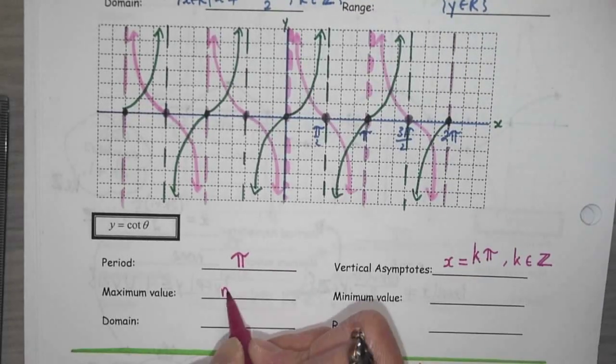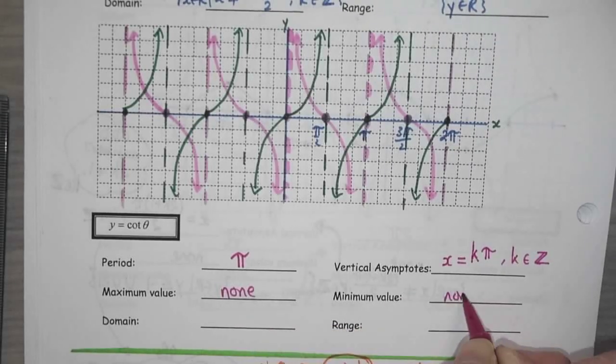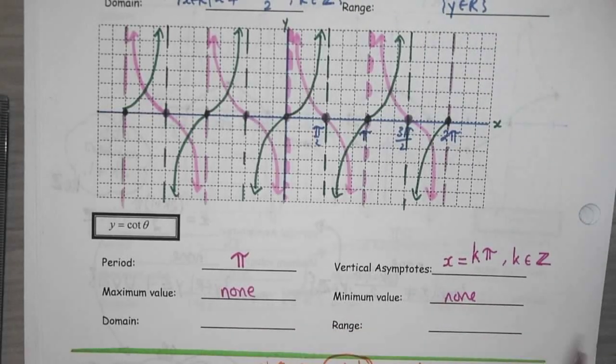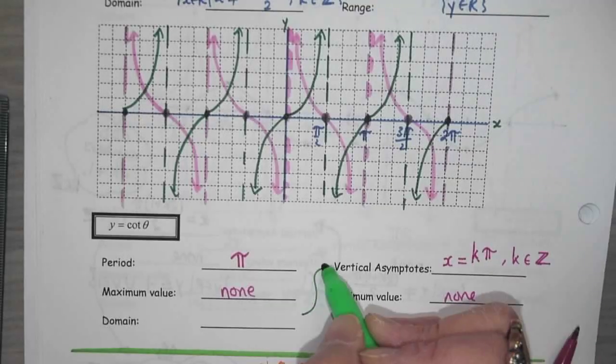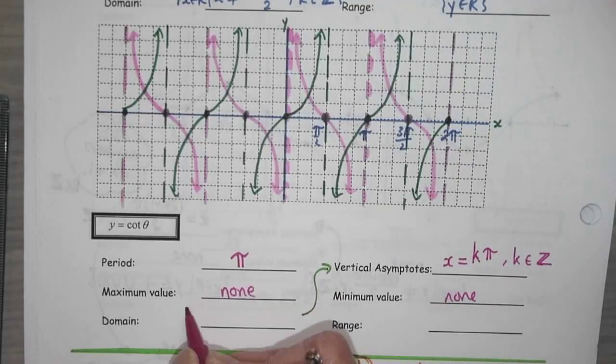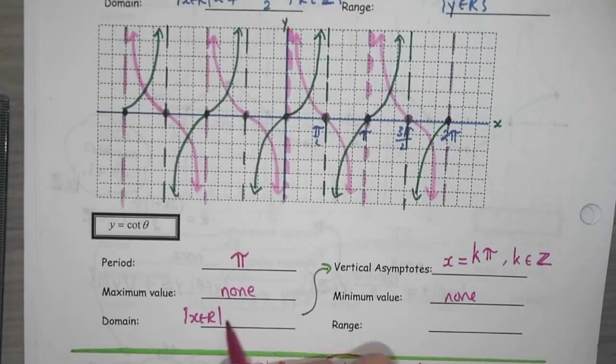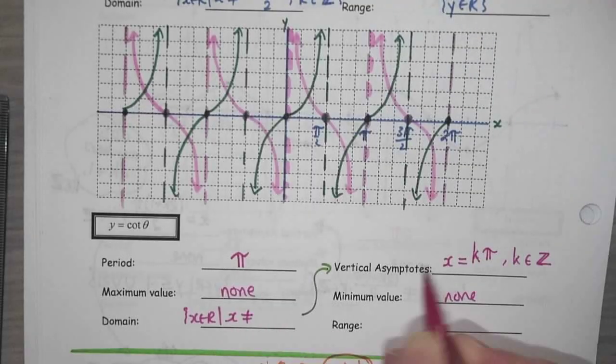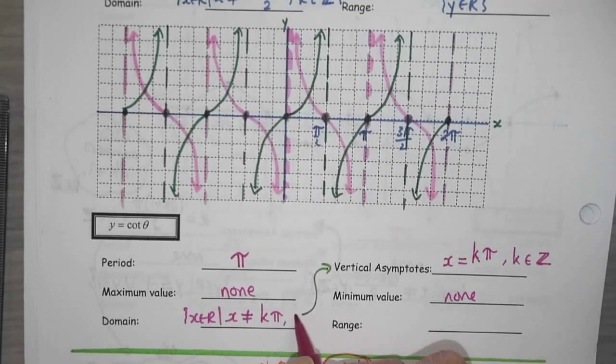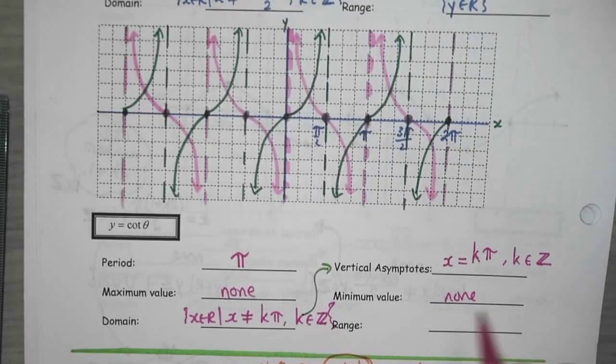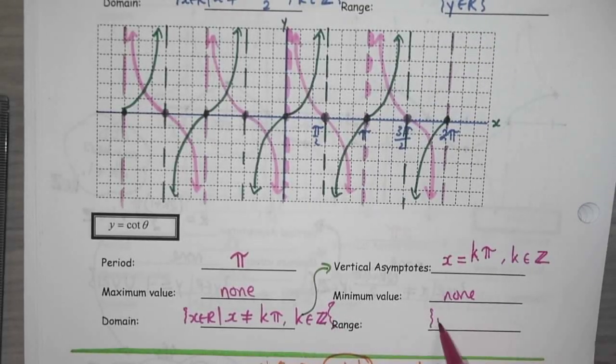No max, no min. And then domain, again, it relates back to here. Look at the asymptotes, and we're going to say x is an element of real, and x cannot equal k pi, where k is an element of integers. And then my range would be anything.